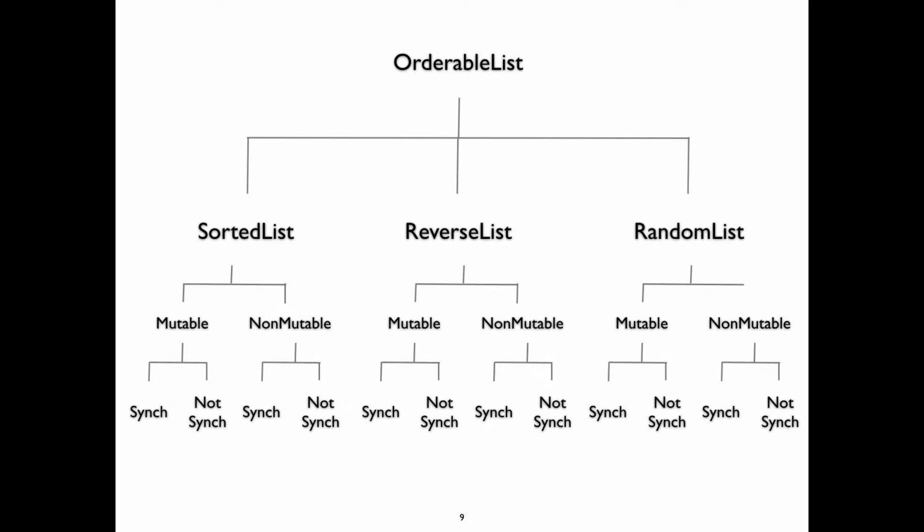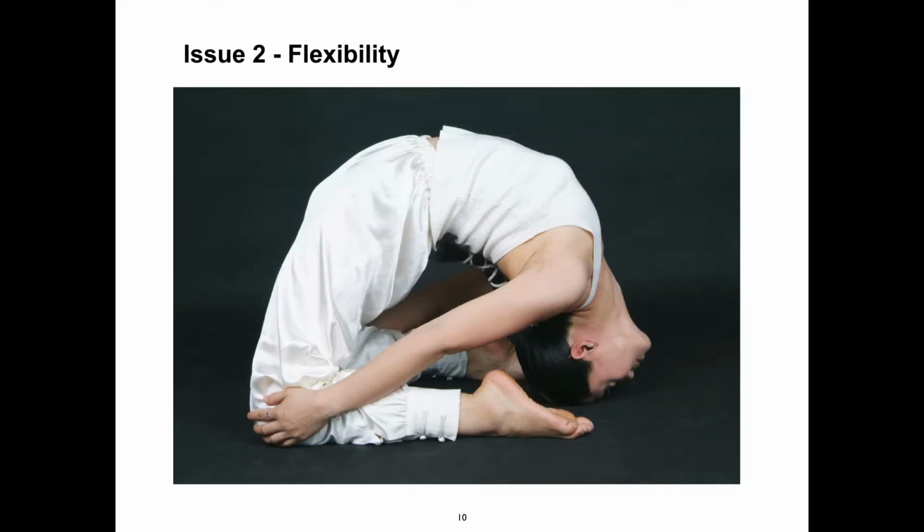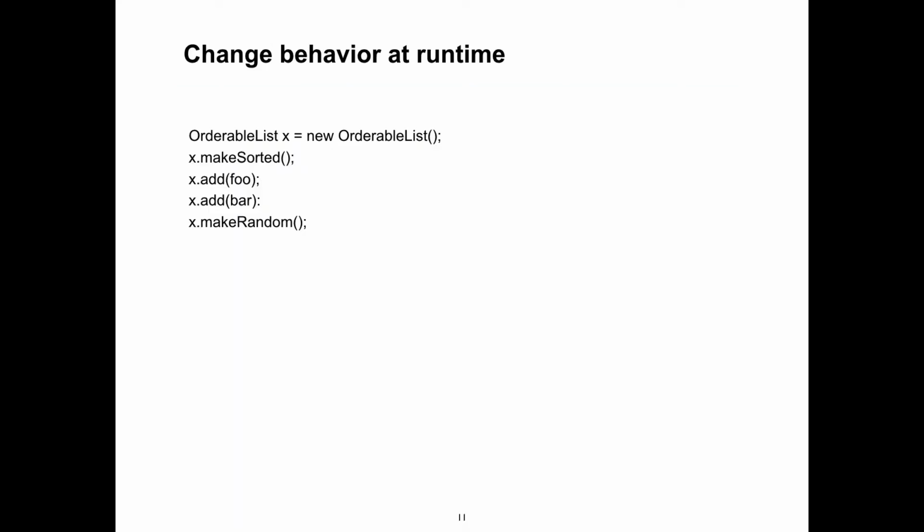Now, if we're going to use inheritance to get all these options, what do we get to do? Well, we get to do that, right? And that's clearly not going to happen, right? I mean, it's clearly nonsense. And also, we want to be flexible, right?